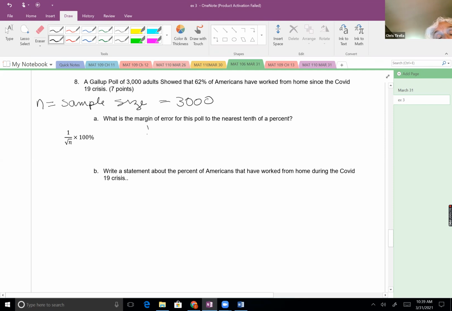So the margin of error is 1 over the square root of the sample size times 100 to change it into a percent. If I take 1 and divide it by the square root of 3,000, and then multiply that by 100, to the nearest tenth, I would get 1.8%.